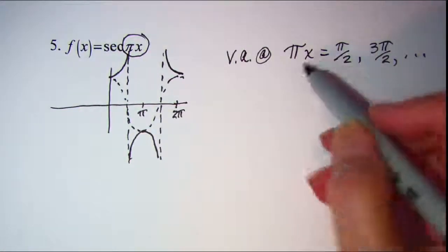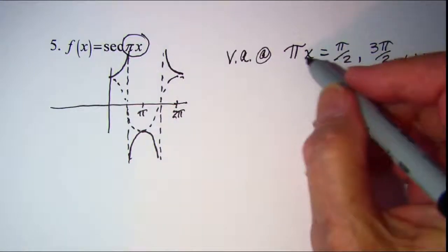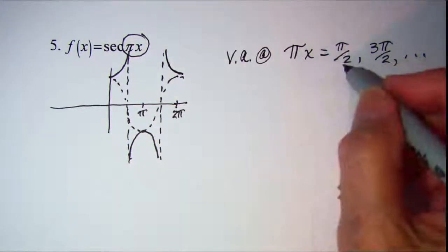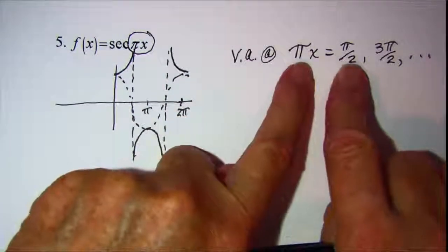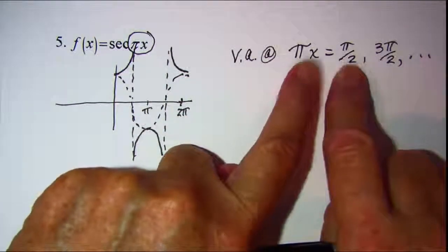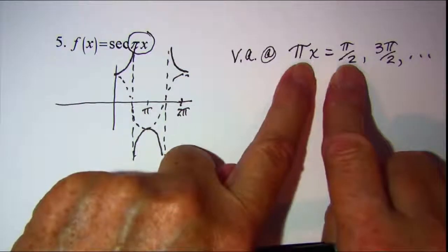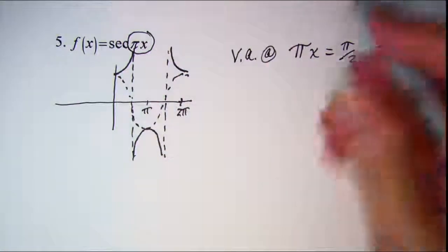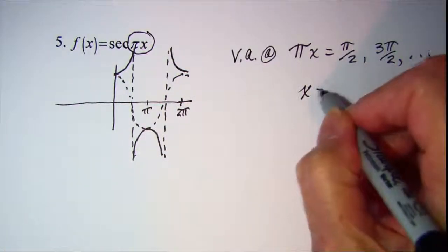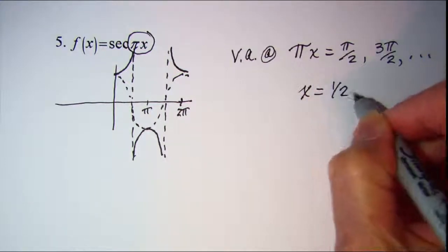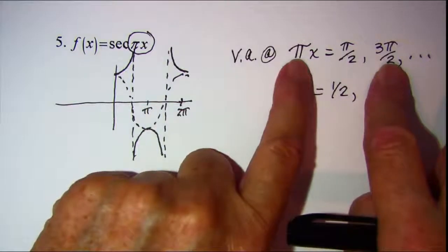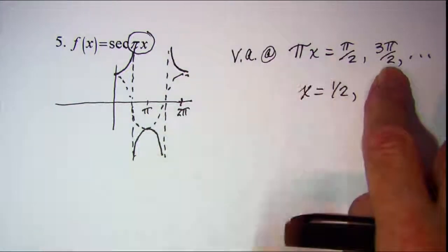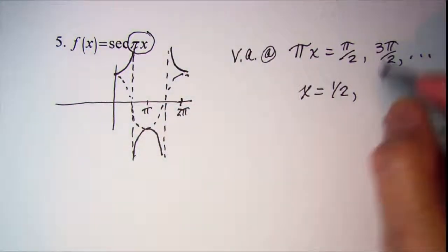Now if I solve for x, we're going to divide both sides of the equation. First of all, taking just pi x equal pi over 2, we'll divide both sides of this equation by pi, and we see that x then is equal to 1/2. And also, when I divide both sides here by pi, I have 3/2.